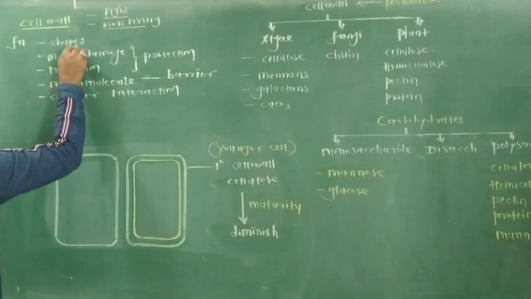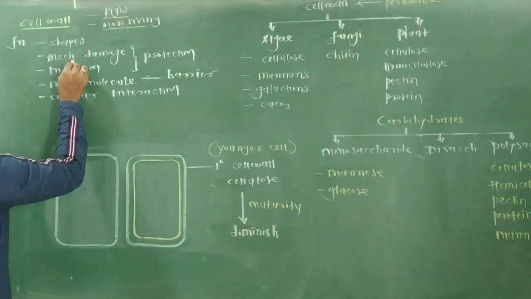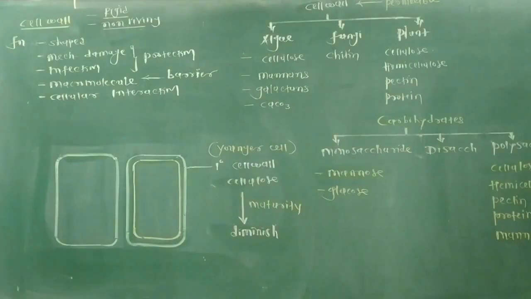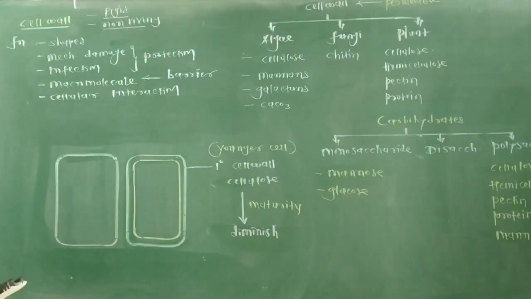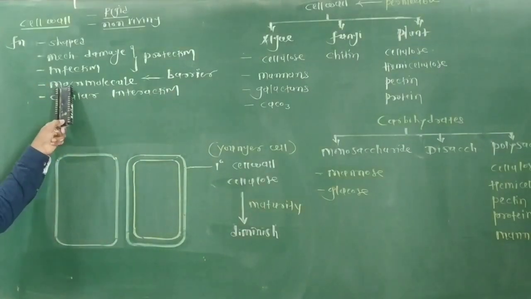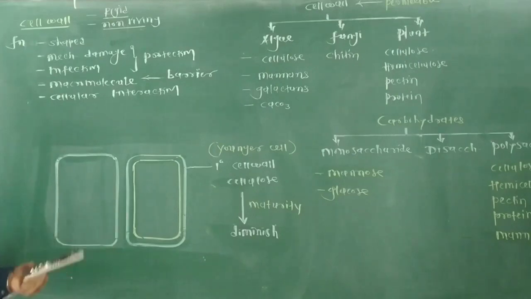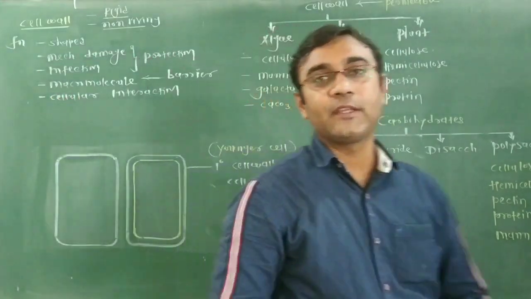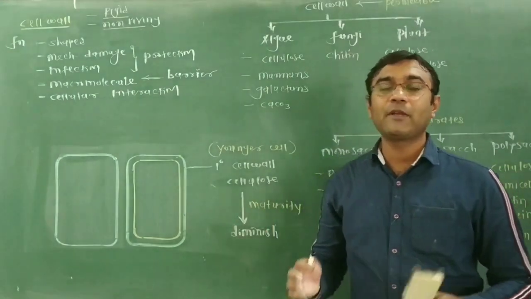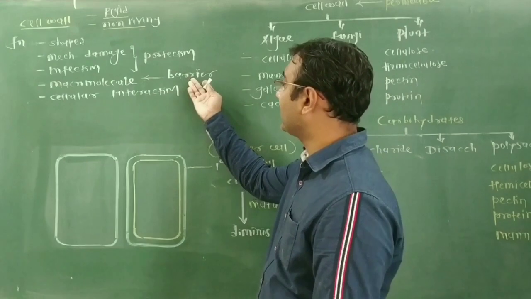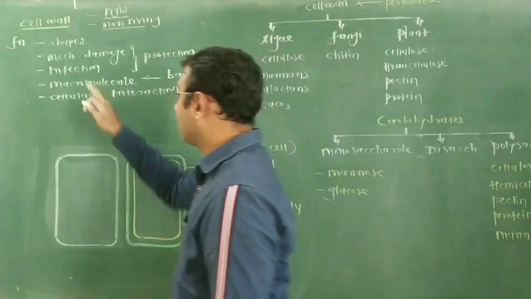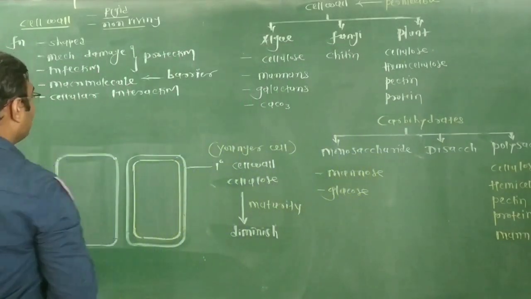Cell wall also acts as a barrier, an obstruction against the entry of undesirable, unwanted macromolecules, meaning large size molecules. Large size molecules cannot enter inside the cell because the cell wall acts as a barrier for the entry of macromolecules.